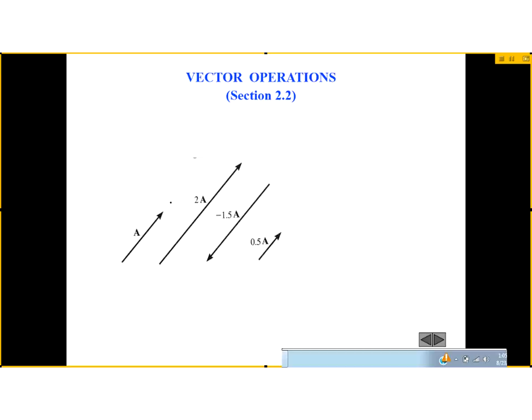And negative 1.5 means it's going to have a larger size, but it's also pointing in the opposite direction. You could also reduce it in size. You could scale it by a half, and now you have something that's 0.5 times the original vector. So these are all different ways of multiplying or dividing a vector by a scalar.